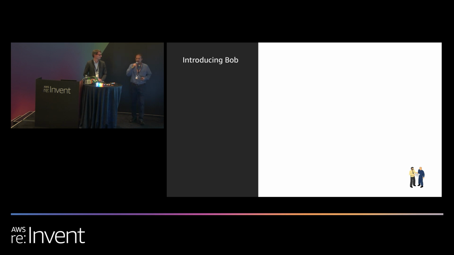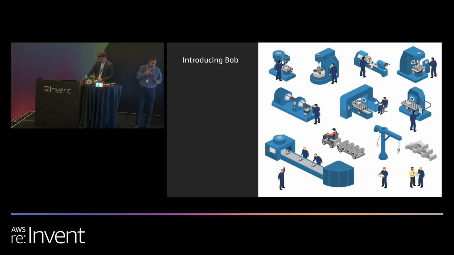So we have an example here of Bob, who is the factory manager. As you can see, Bob is meeting with his boss, who's the factory owner, and they're going over the various equipment in the factory. The factory owner is really concerned about loss of productivity and financial losses because of some recent equipment failure and unplanned downtime.